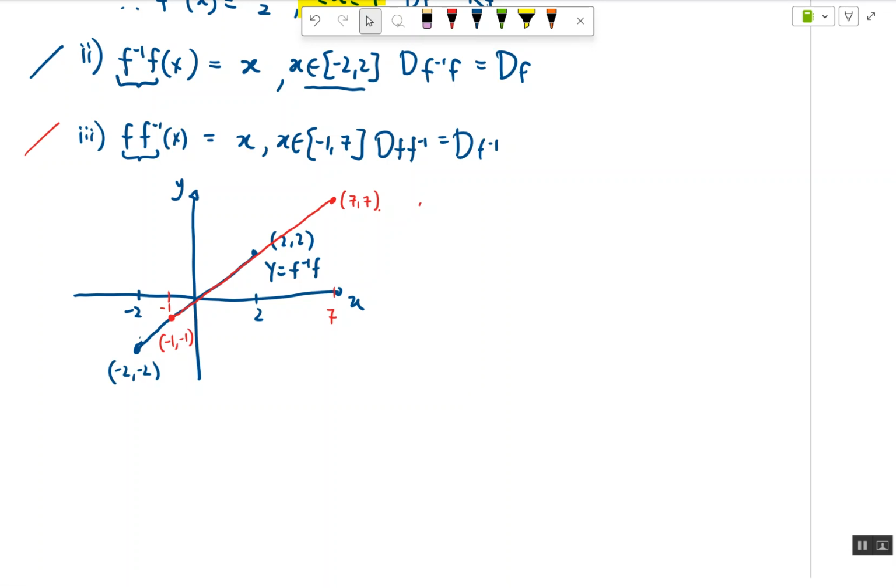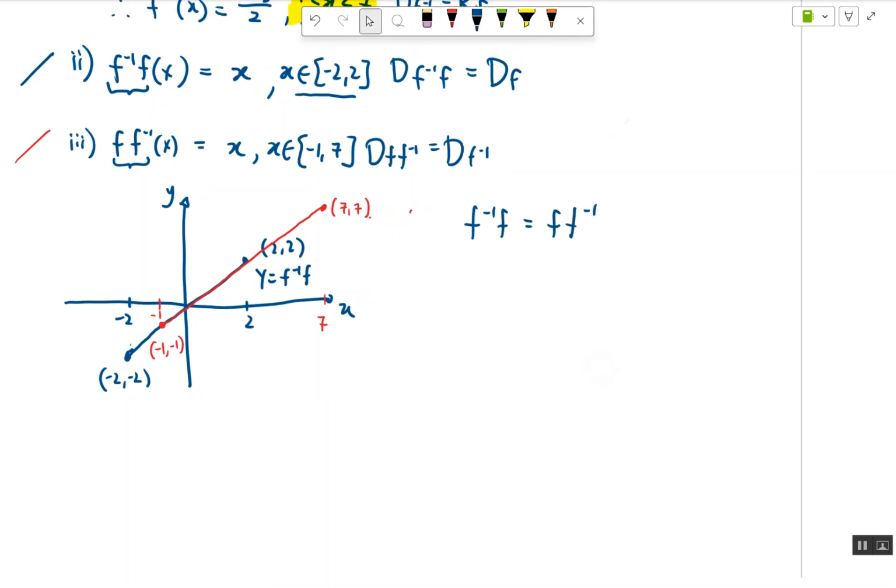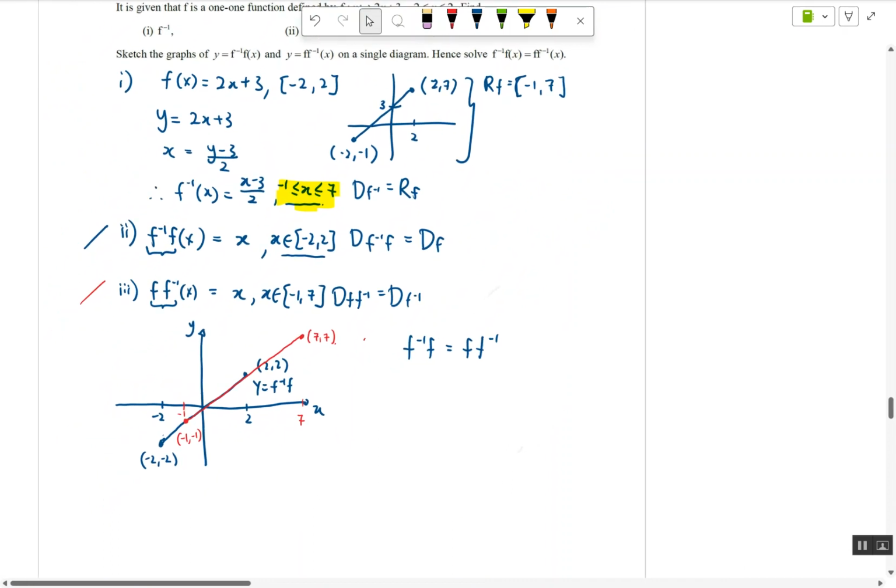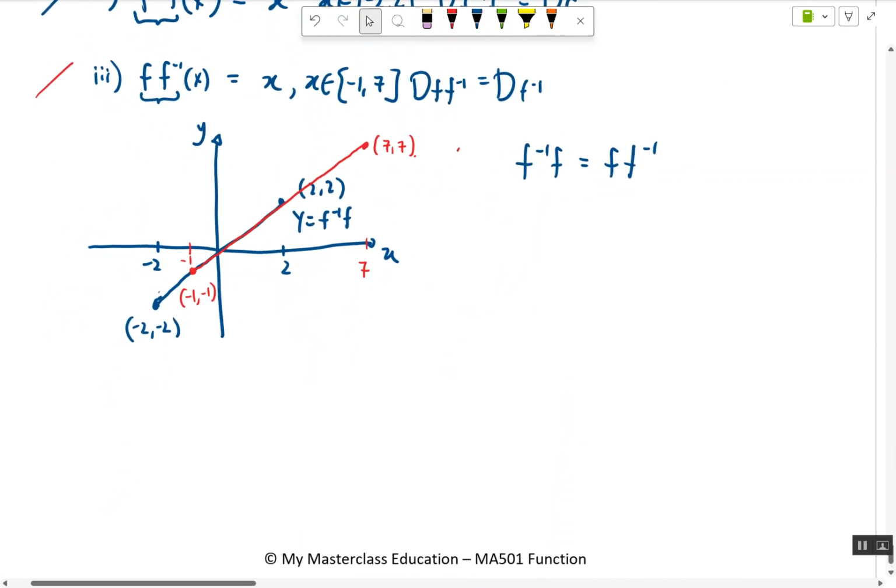The last part, the question is asking, when is f inverse f equal to f inverse? They say solve. Look at this part, this is like inequalities. Where is the part that they overlap? In this case, f inverse f is equal to f inverse when x is from -1 to 2.